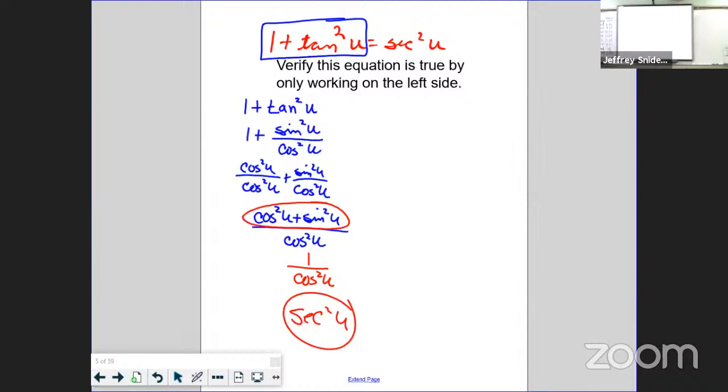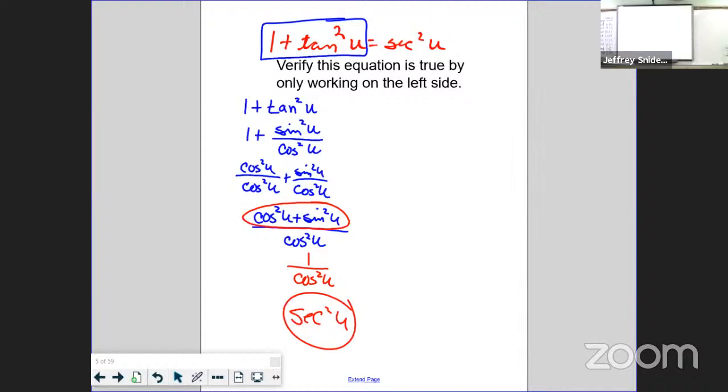Because cosine squared plus sine squared equals 1 in the other Pythagorean theorem. Because if you look at the other Pythagorean, then look at the paper. You see it? No? Oh, the other Pythagorean? Oh, what?